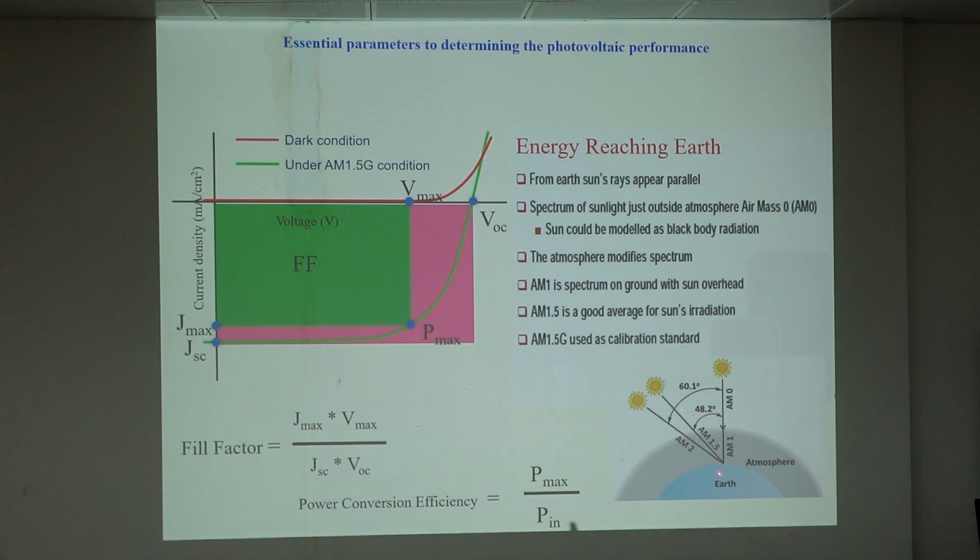So this will be good to get good efficiency. We also use AM1.5 calculation to get a good efficiency. That's the application point of view. So AM1.5 is a good average for sun radiation, and a good standard calibration method can be used. So this factor will be used to calculate your solar cell efficiency. Any solar cell, either organic or inorganic or physical, anything we can do by this method actually.